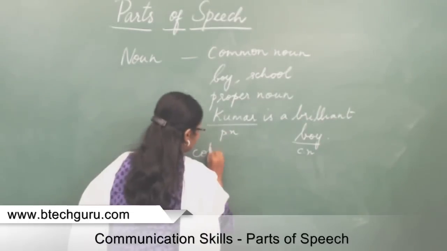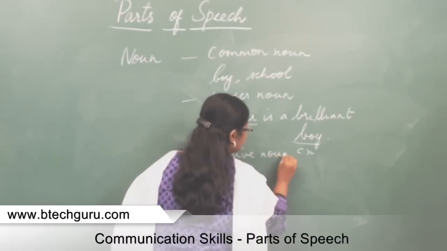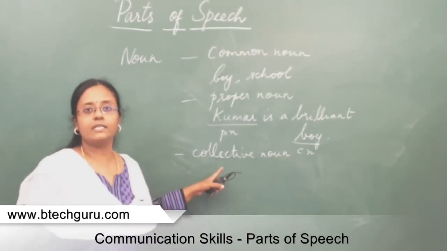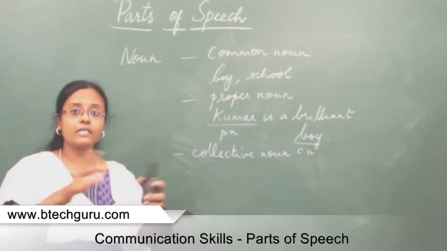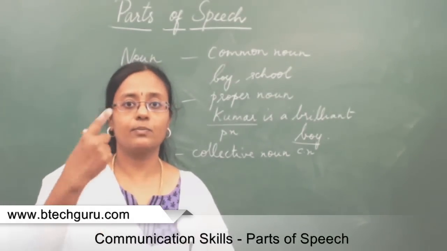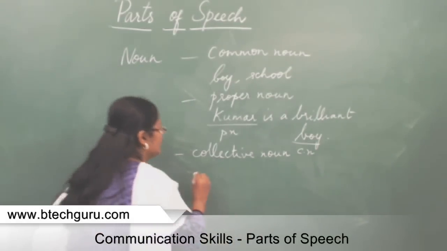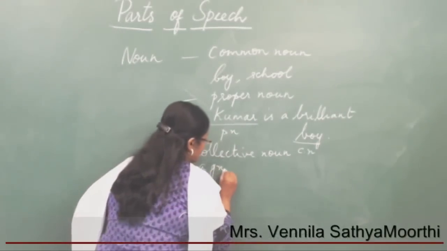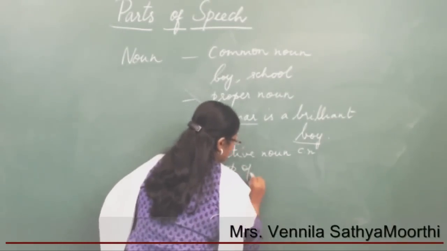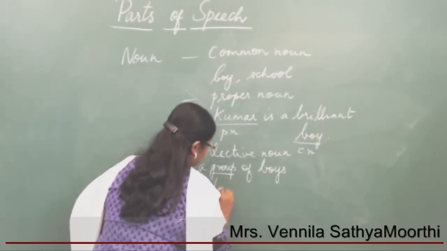Then you have collective noun. The word itself suggests a collection or a group of persons or a group of things, but spoken of as one whole, taken together, a group of boys. A team of players.